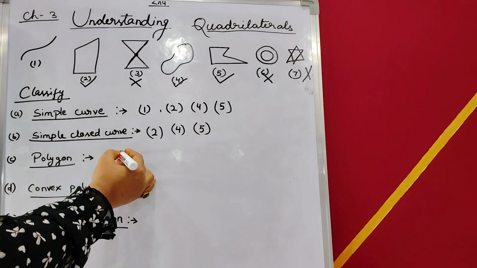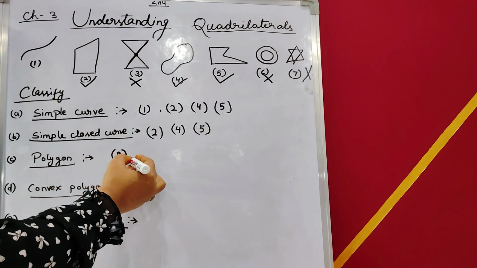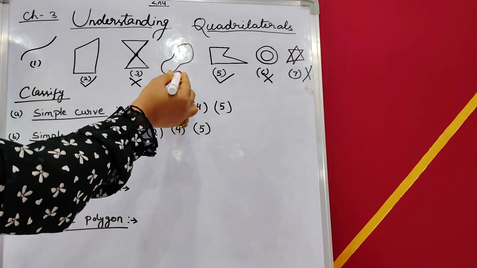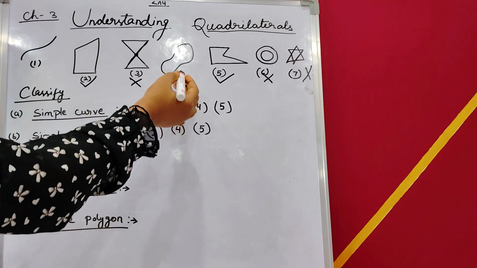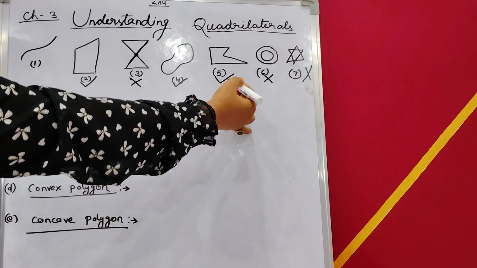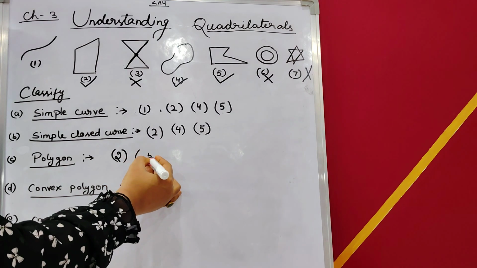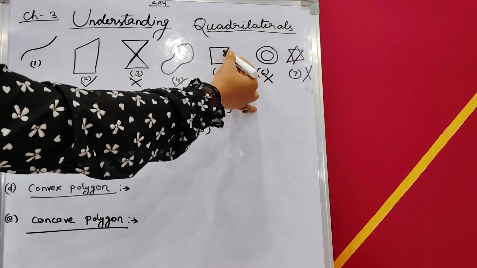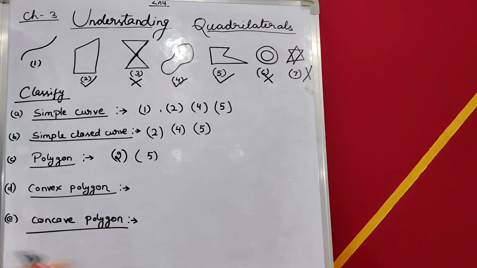So yes, the second one is a polygon. Is this a polygon? No, because it is not made up of line segments. This one is a polygon because you can see it is made up entirely of line segments. So 2 and 5 are polygons.